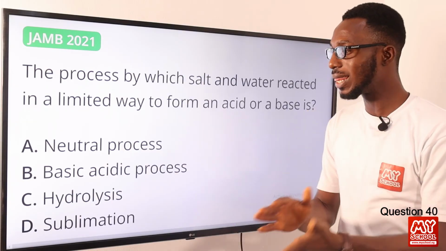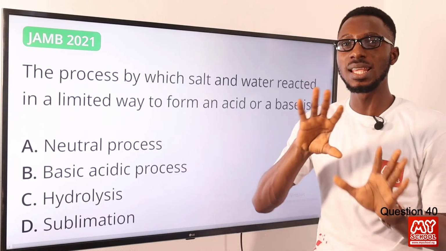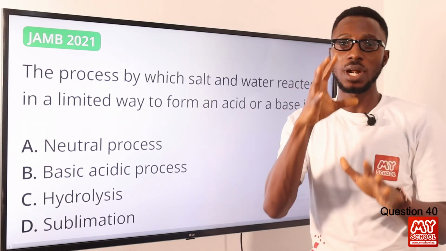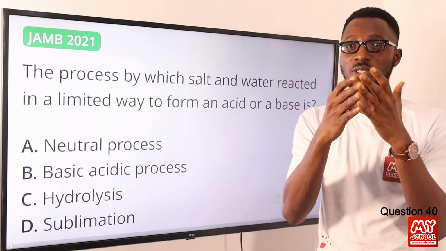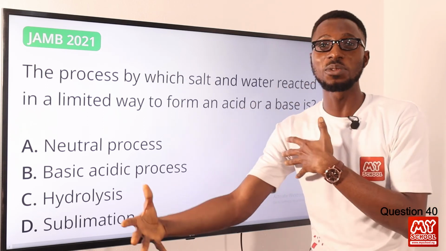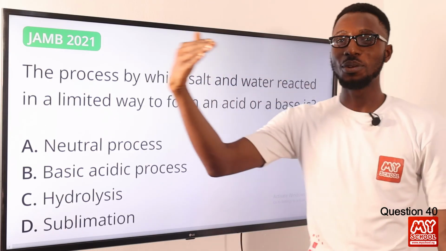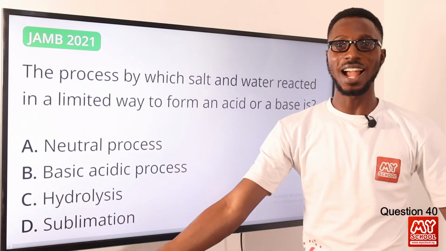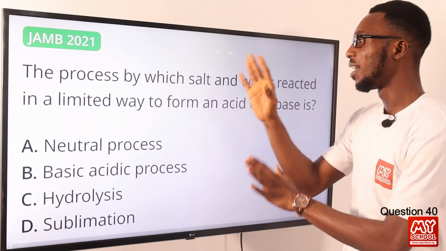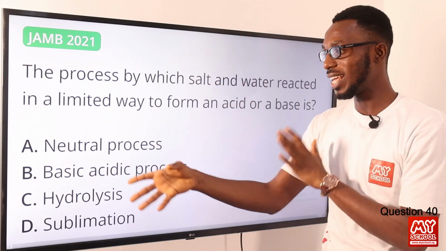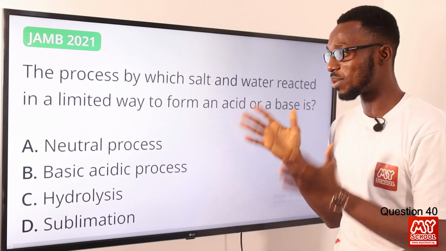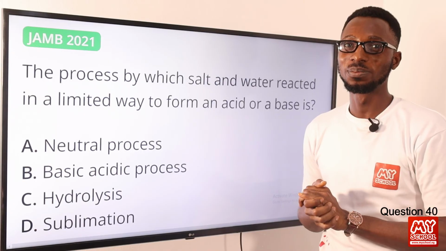So you can say that salt hydrolysis is the reverse of the neutralization reaction. The neutralization reaction is the reaction between acid and base to give you salt and water only. So this process we've just described is well associated with hydrolysis. Option C is good to go.